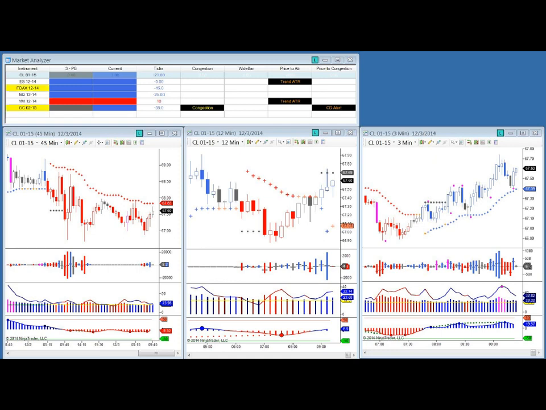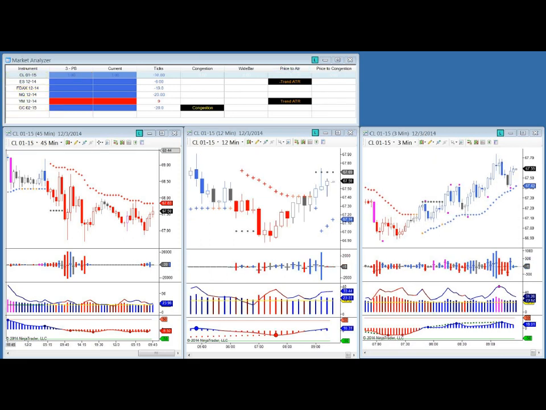It was last night on the currencies. See, normally, and this is really the answer to your question, Sash, I put this in a 45-minute, and I can monitor all of the markets that are either overbought or oversold and the direction that they're going towards each other. But I'd rather be notified of my price to the ATR and price to congestion.